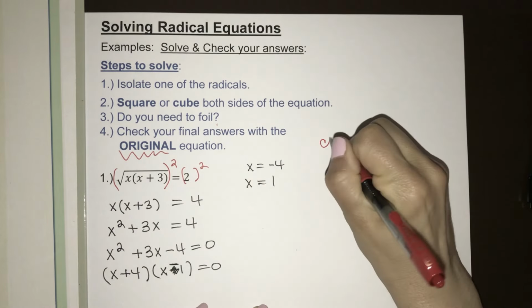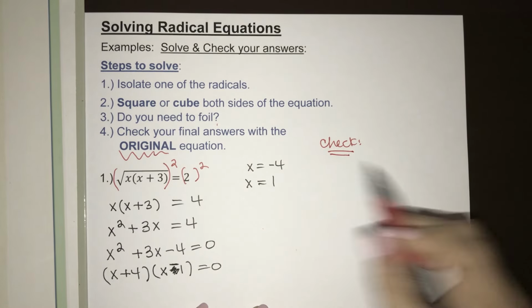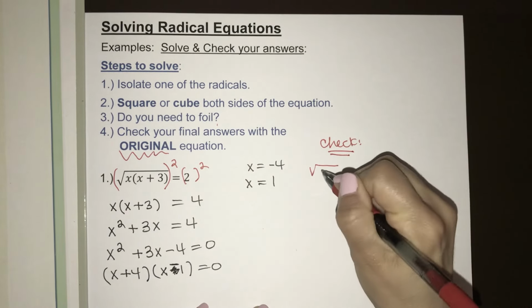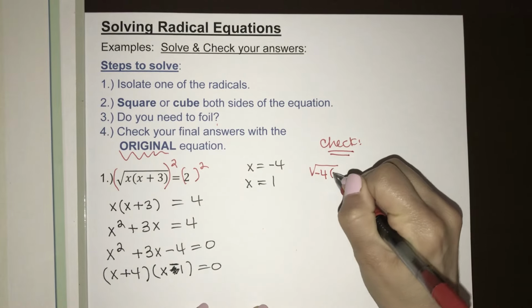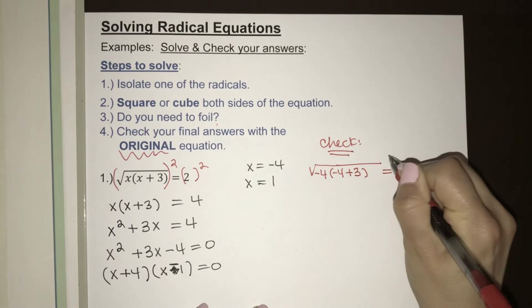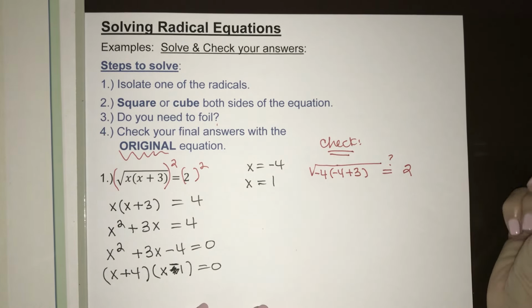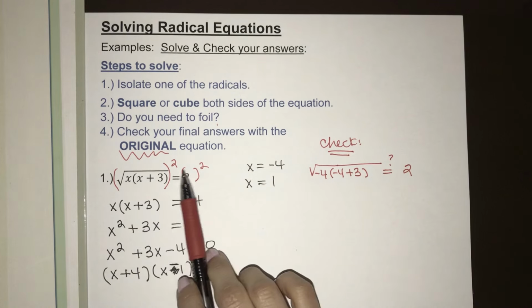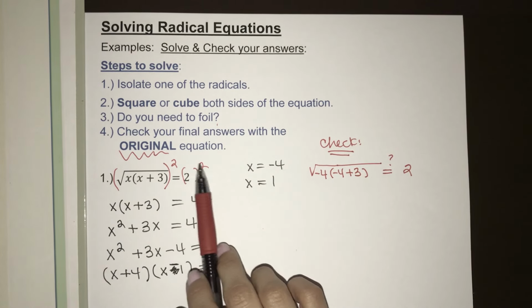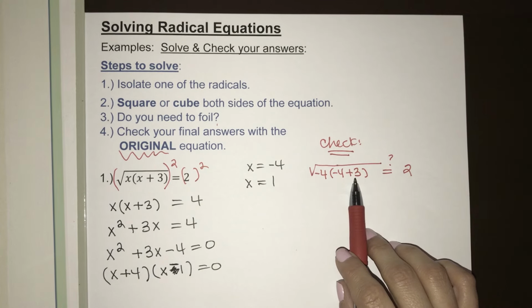So to check, in this case, like I said, we have to do it twice. I'll start with -4, and we're checking to see if the left and right sides are going to be equal. Is that going to give me 2? I'm substituting into the original equation, without the exponent 2. So let's check. Negative 4 plus 3, that's negative 1.